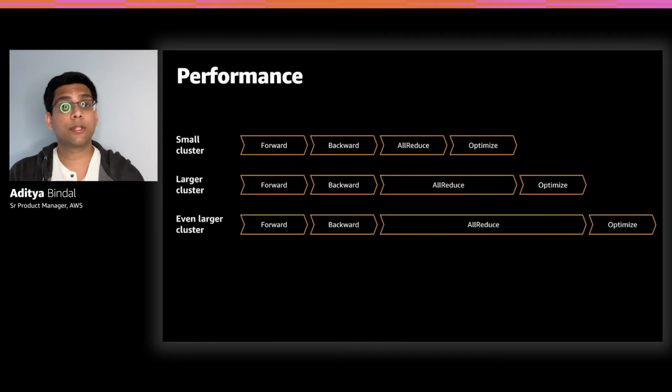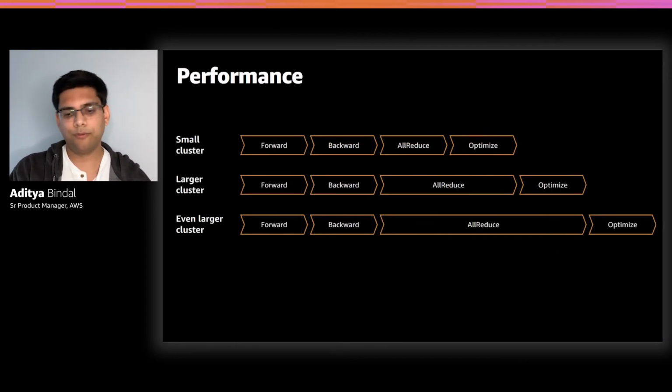The next challenge is performance itself. Now, typically in a neural network model, you can think of the mental model of training as 4 different components. You have a forward pass, a backward pass, the all-reduce, and optimize steps. And on GPUs, the forward, backward, and optimize will remain the same as you get more and more GPU instances in your cluster. What ends up taking more and more time as the cluster becomes larger is this all-reduce step.